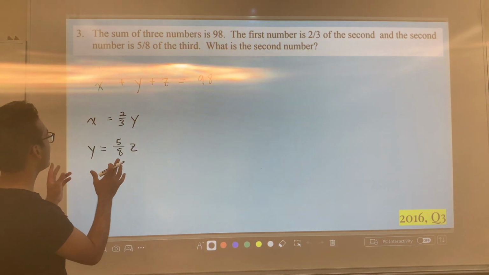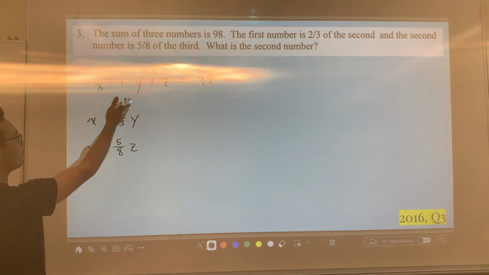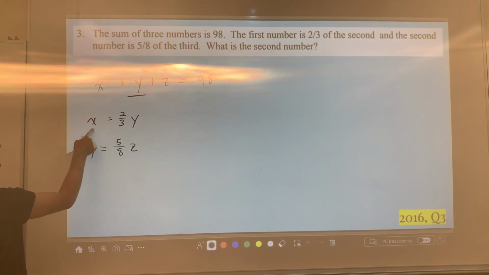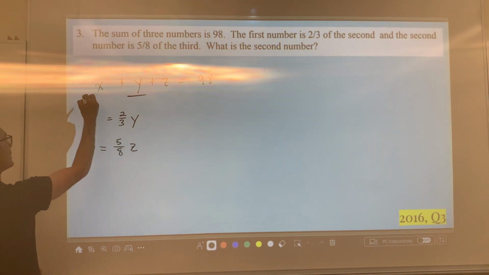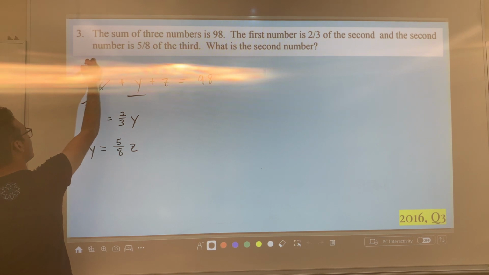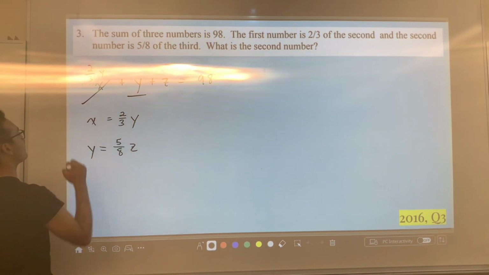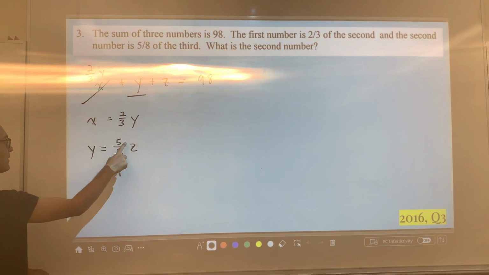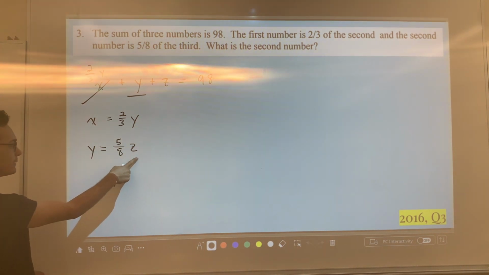Okay, so here we have a y, so we don't need to do anything with this y. Here, we see that x is equal to 2/3 y. So we can replace x with 2/3 y. And now we need to replace z. Here we have that y is equal to 5/8 z, but I want z to be by itself.